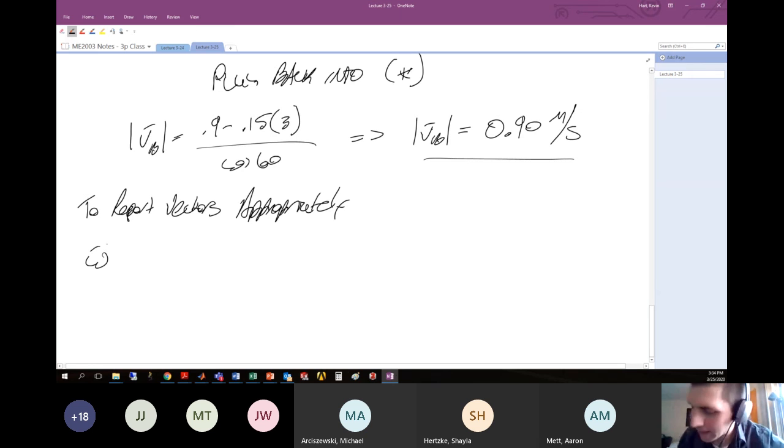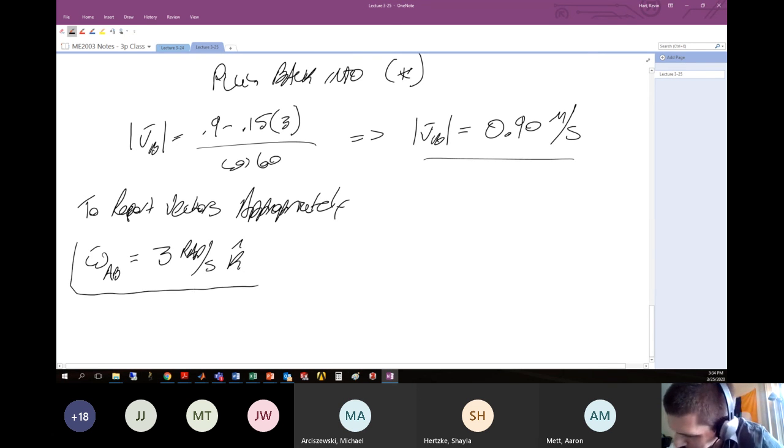So my angular velocity vector for piece AB or ABD or BD or whatever, they're all the same, is the magnitude of this angular velocity, which we found as 3 radians per second. So that's 3 radians per second, and this acts in k hat. All right. So this is actually a vector because we have both magnitude and direction.